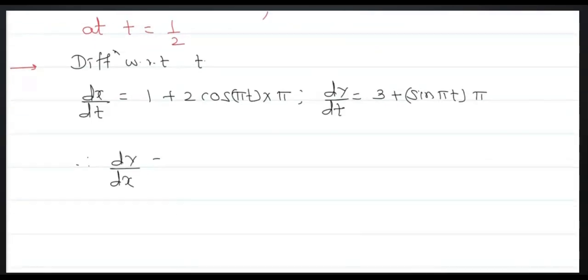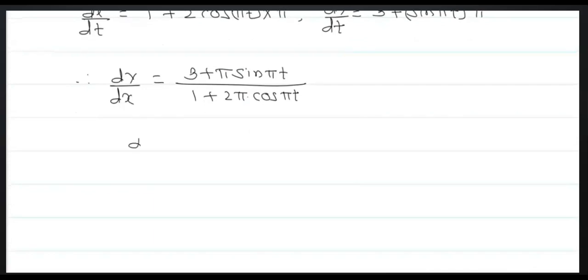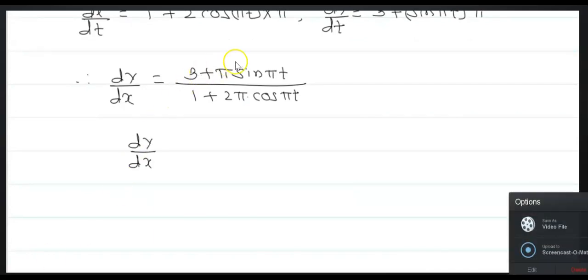Therefore, dy by dx is equal to 3 plus sine of pi t into pi upon 1 plus 2 pi cos of pi t, at t is equal to 1 upon 2. Substitute the value of t is equal to 1 upon 2. What will happen here?